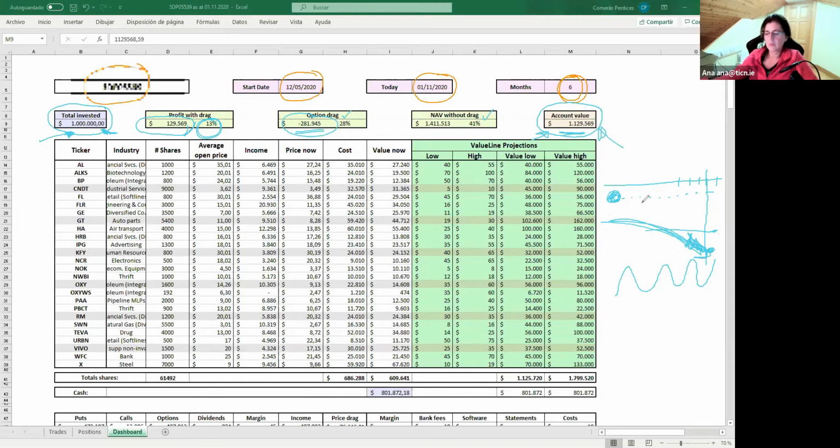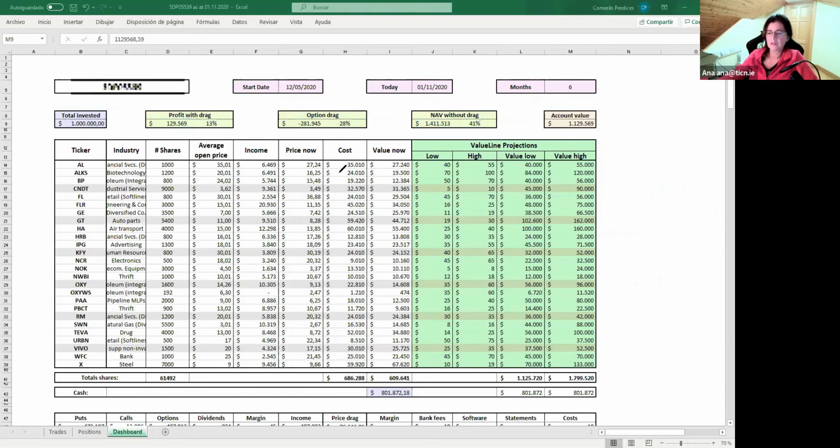We can do whatever we want. And if they end up above the strike price, we do nothing. We just keep this money. And the account value without the drag, when this money matures and gets into the account value as of today, would be 1411. So that's what's behind the numbers.